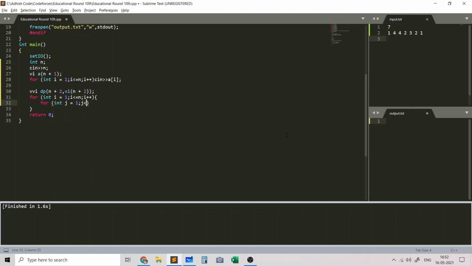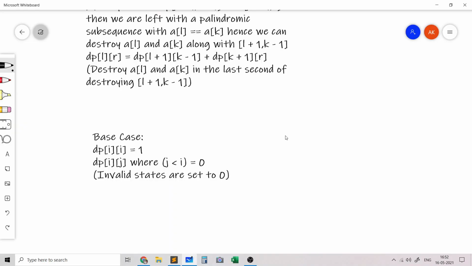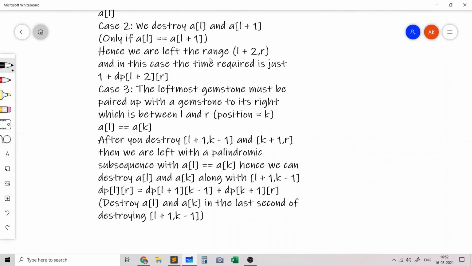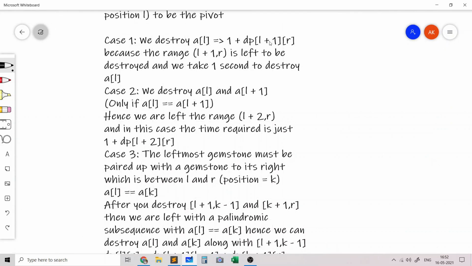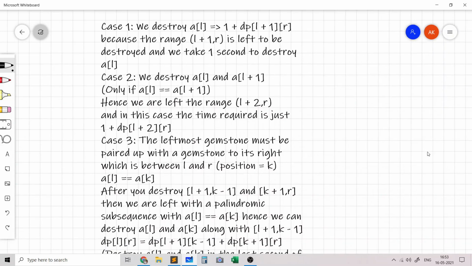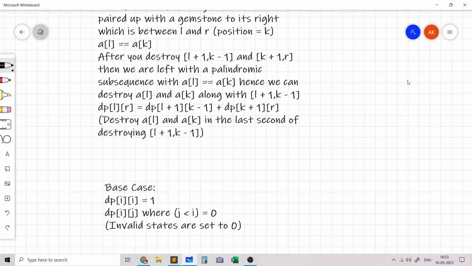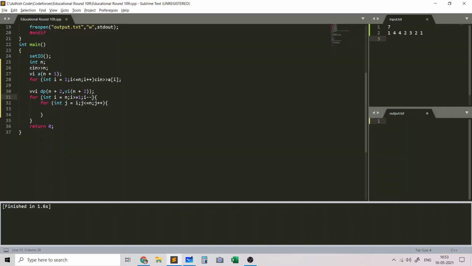And we need to make sure that the order in which we are iterating is correct. So right now I should not go from 1 to n, it should go from n to 1, because we need to access dp of I plus 1 j. So we need to access dp of l plus 1 r before we access dp of l r, and hence we need to iterate over I in the reverse order.